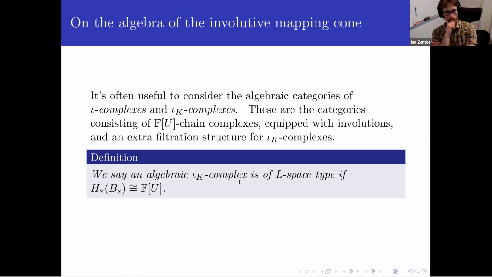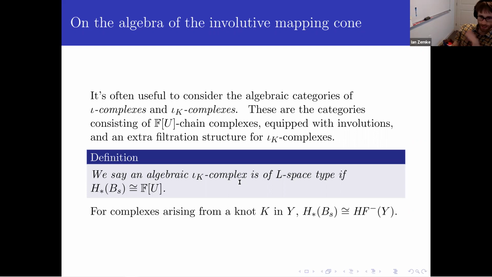We'll say that an algebraically defined iota K complex is of L space type if the homology of what you would call B sub S is just F adjoin U. The reason we call it this is because if you have a knot K in Y, the homology of B sub S for the knot complex of the actual knot is the same as the homology of the three-manifold that the knot lives in.